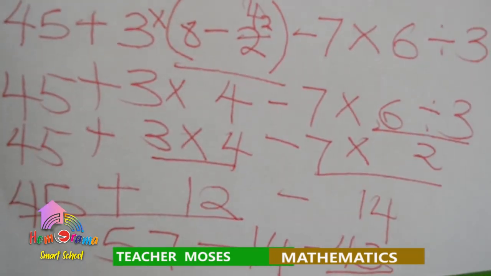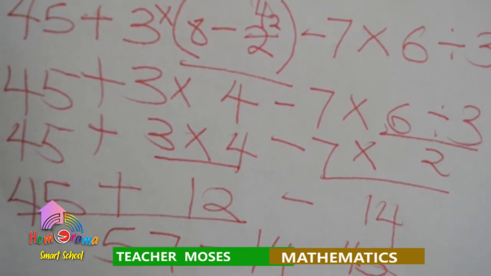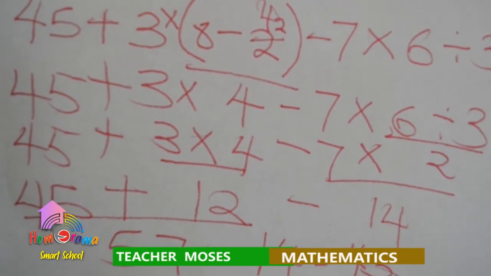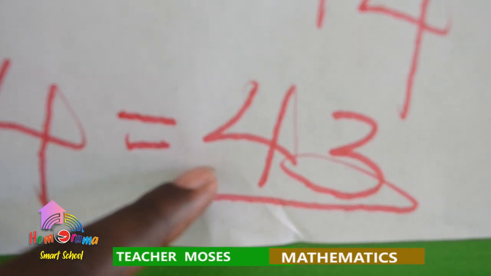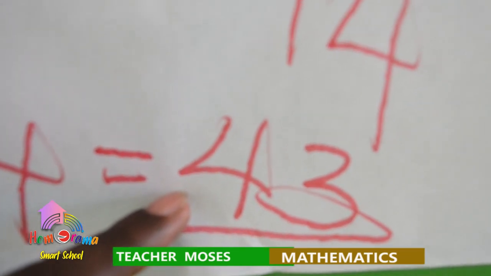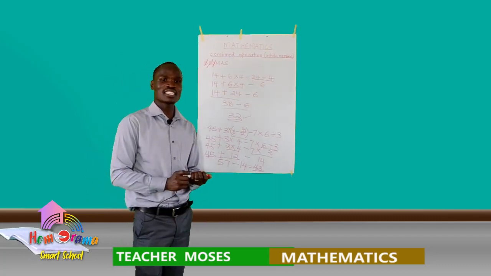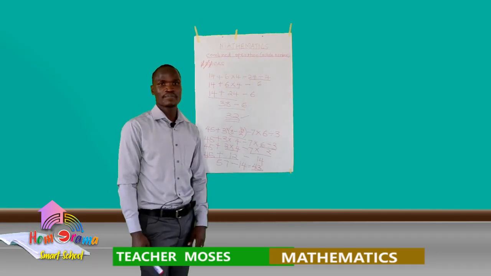Then we minus 14. 57 minus 14. Our final correct answer is going to be 43. Very good. Thumbs up if you had that as your answer. And so our correct answer is going to be 43.